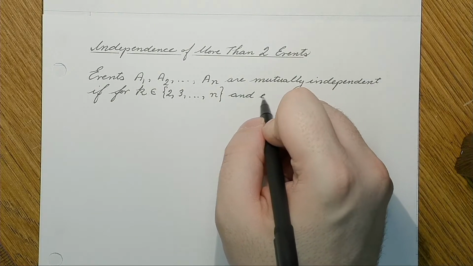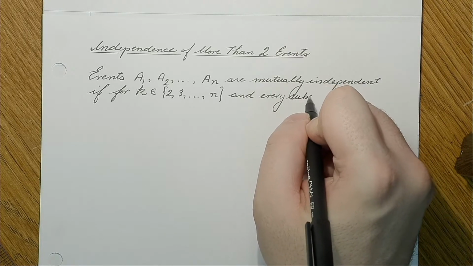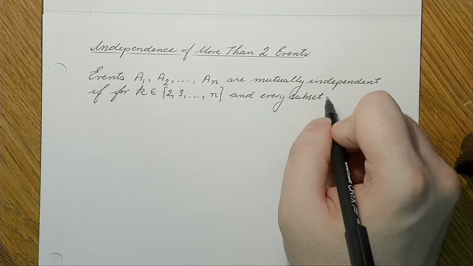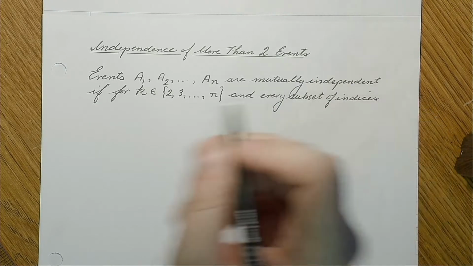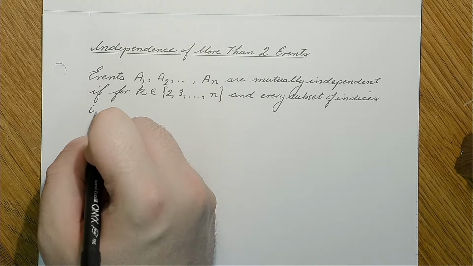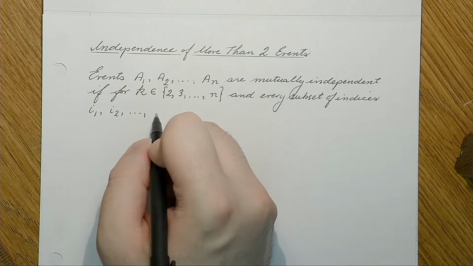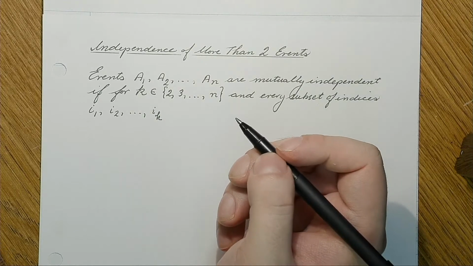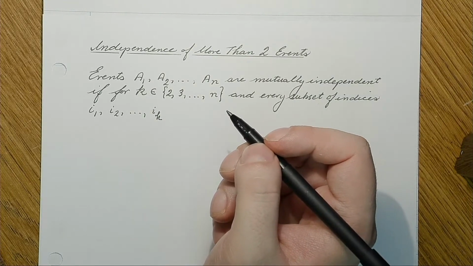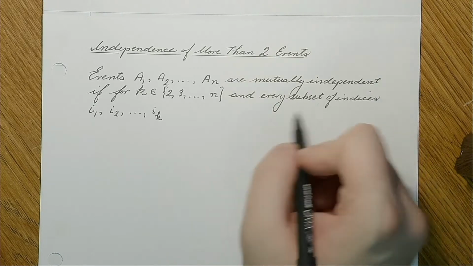And every subset of indices we have, and then it's i1, i2, all the way up to ik. So again, every possible subset of those indices.